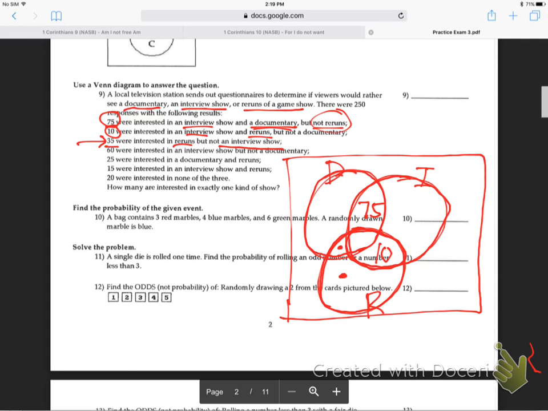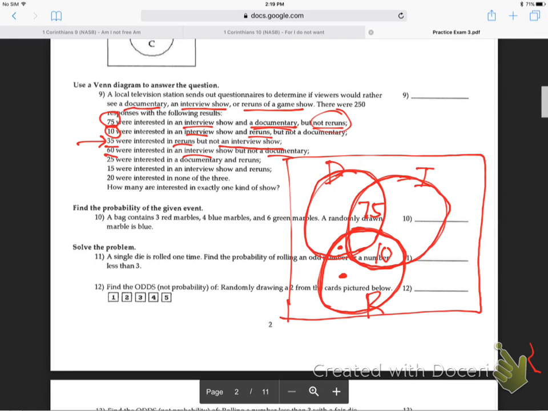Let's go to the 60. 60, interview show, not documentary. Let me give you a second on that one. That one we can do something with. So it should be 2 regions.